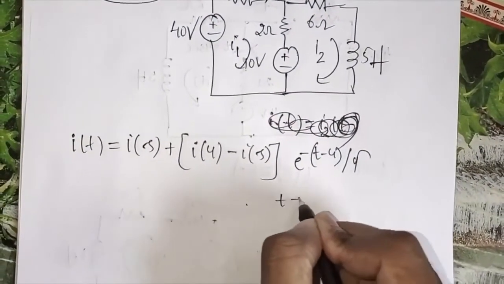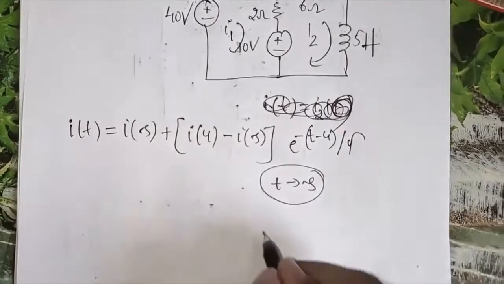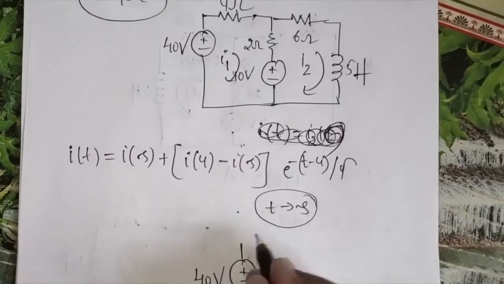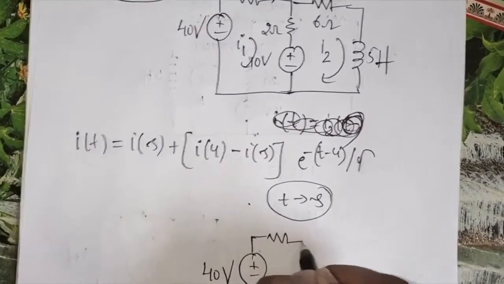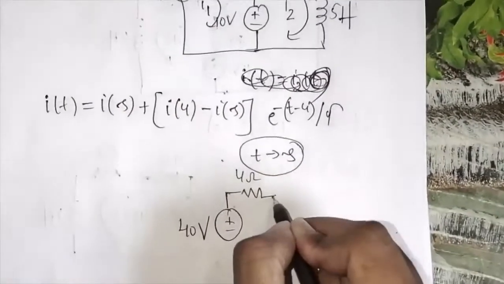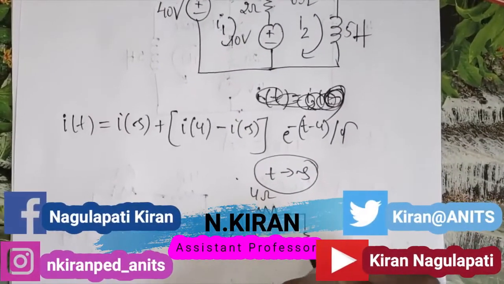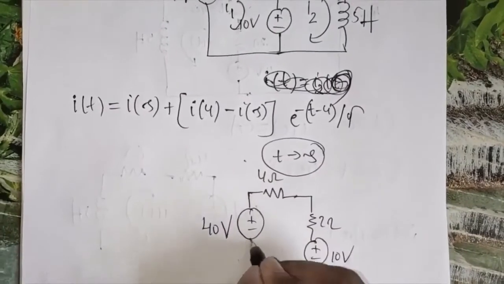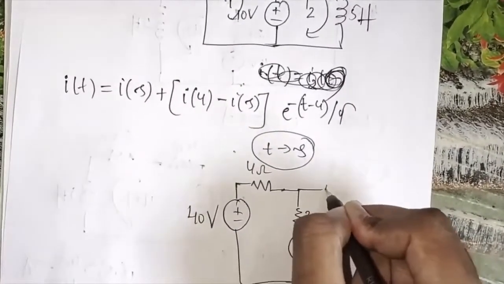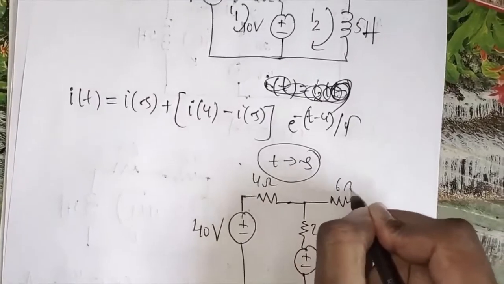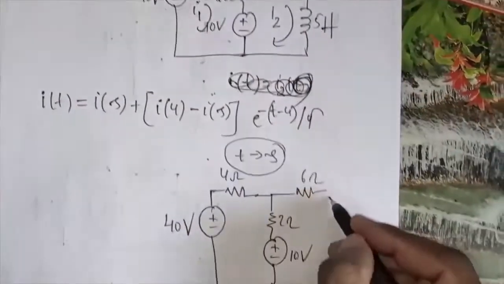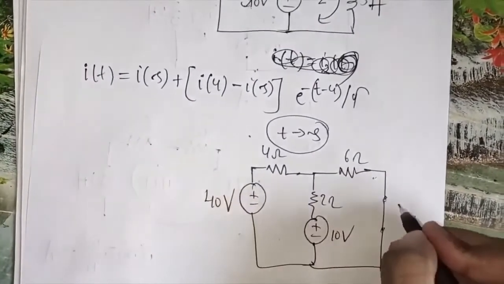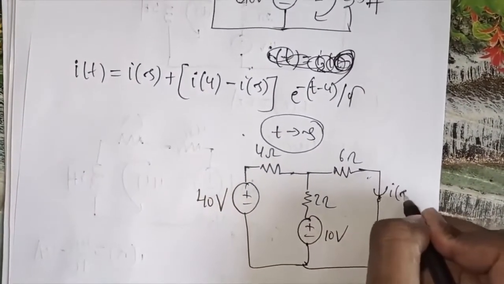So when t tends to infinity, we get a circuit with 40 volts in series with 4 ohms. You will have a resistor 2 ohms in series with a voltage source of 10 volts. Here a resistor 6 ohms, and here instead of the inductor I have to replace it by a short circuit. So this is nothing but I of infinity.